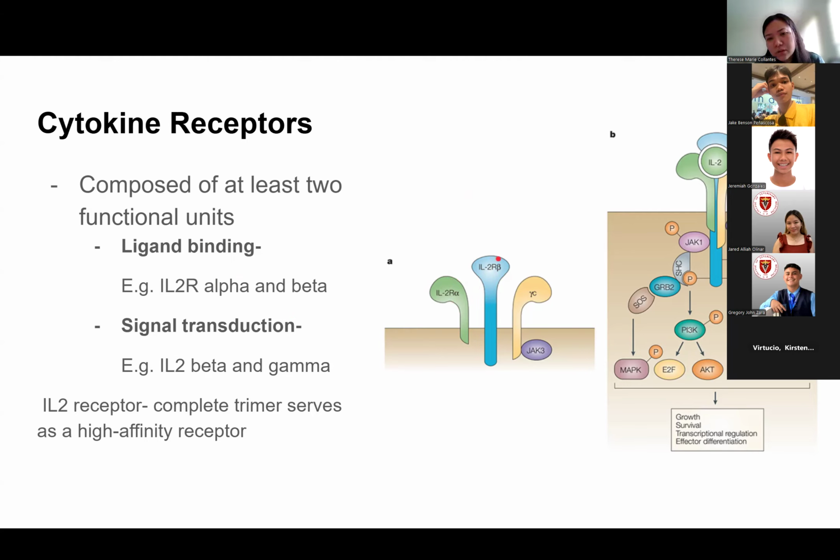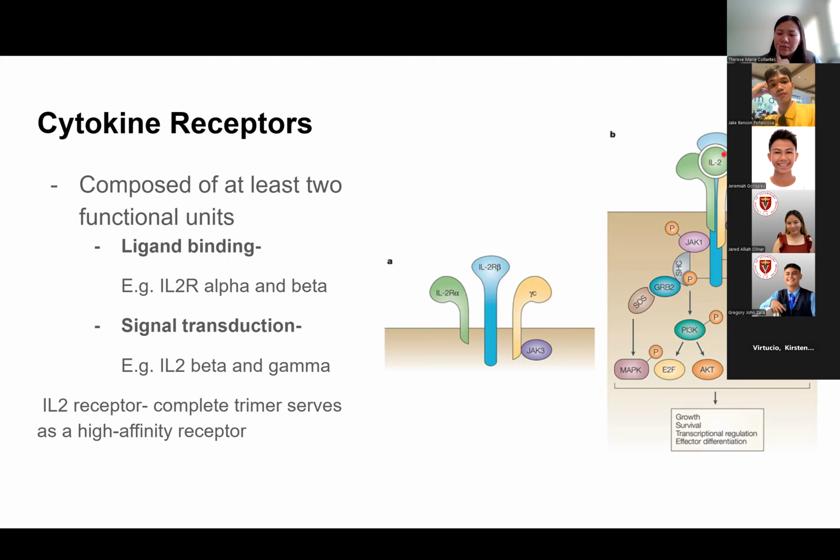The signal transduction unit is the beta and the gamma part of this receptor, so it's this blue and this yellow. And as an entire unit, this will act as the interleukin-2 receptor, and it's a high affinity receptor. So it will bind strongly to IL-2.